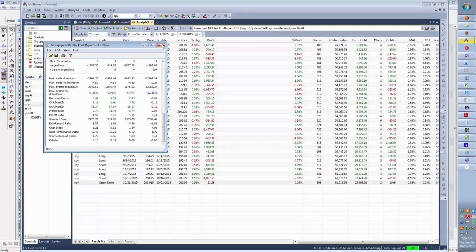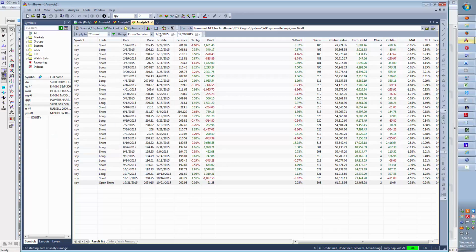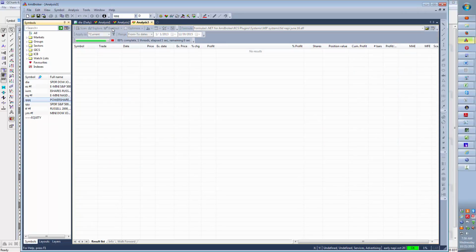So just for fun, let's see how this would have done with the longer time period in the NASDAQ. Now remember, this is using the new Andrews pitchfork indicator.